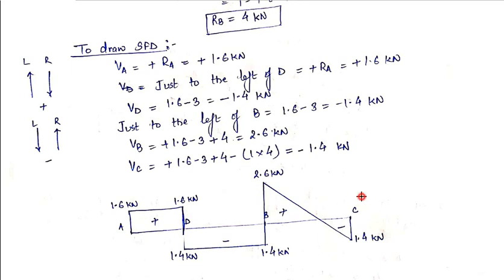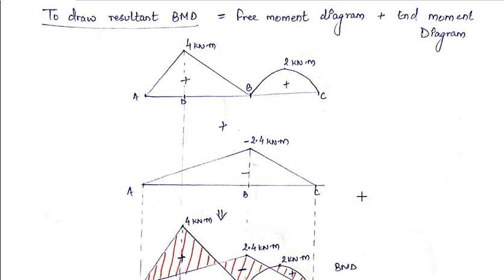Now one thing was left, and that is to draw the resultant bending moment diagram. We know that the resultant bending moment diagram is the superposition of the free moment diagram and the end moment diagram. The free moment diagram was coming out to be like this.